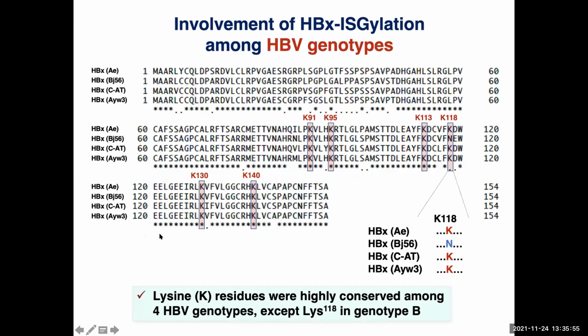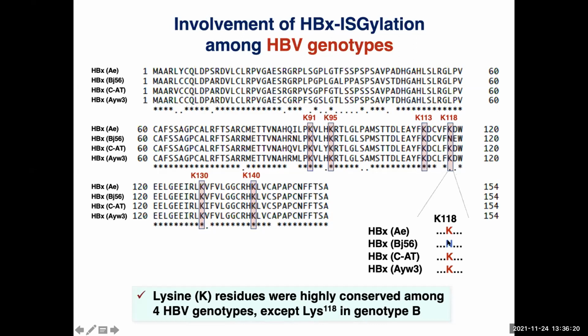This cartoon shows the alignment of HBx protein, and we compared 4 different genotypes of HBx protein. As you can see here, most of the lysine residues are conserved among the 4 different genotypes.